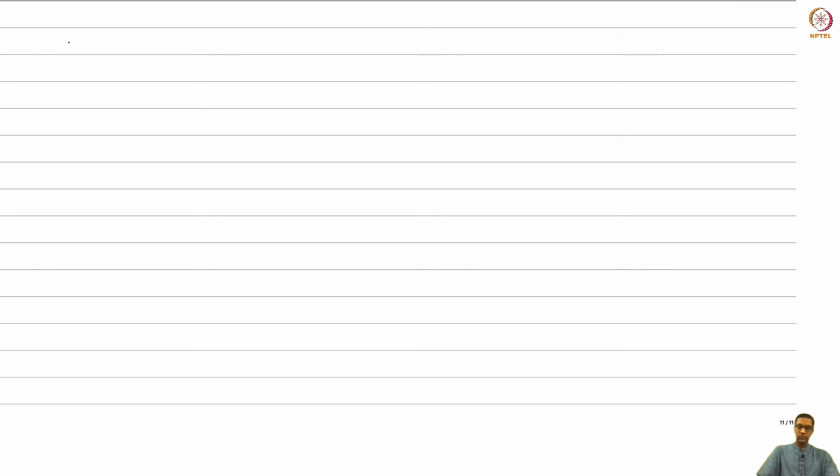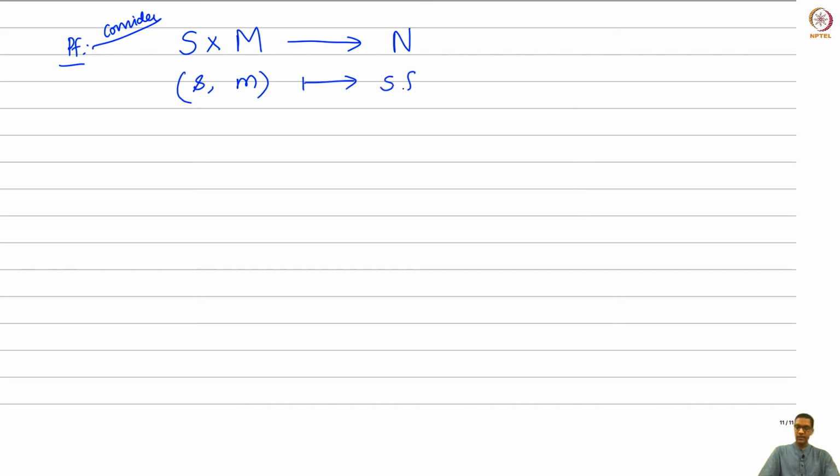Let's just use the universal property. Consider the following map from S cross M to N. I take an s, I take an m, and I send it to s acting on F(m).